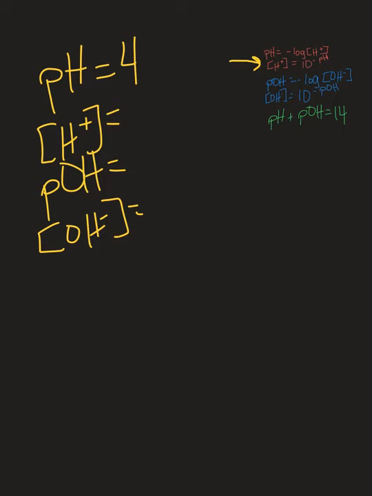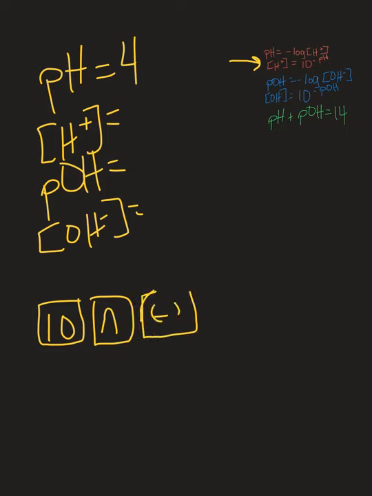The hydrogen ion concentration equals 10 raised to the power of the negative pH. So we go on our calculator. We type in 10, your exponent key, your negative key, and then 4. 10 raised to the power of negative 4.